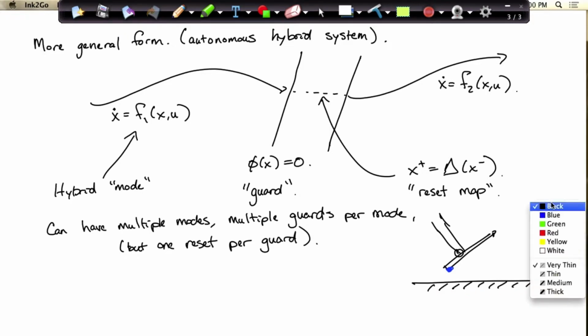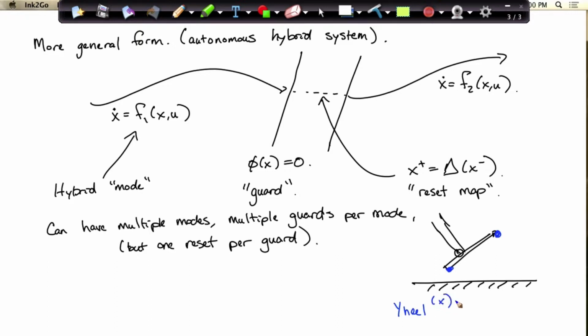But depending on, maybe if you're a barefoot runner, your toe hits the ground first, or midfoot. You could have simultaneous collisions if you're perfect. So there might be multiple events. There might be a guard set by the y height of the heel equaling 0, and another one which is the y height of the toe, which is a function of x, equals 0.